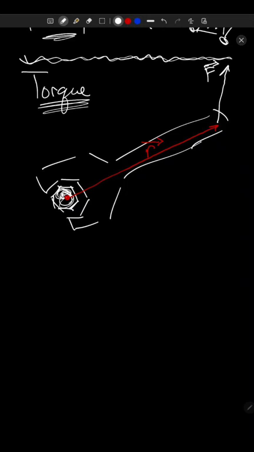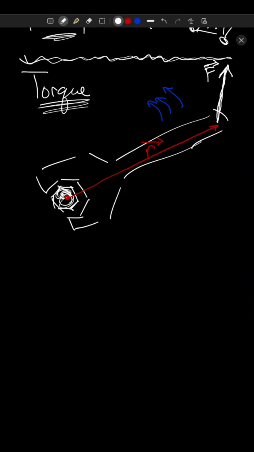Now, when I apply this force to the wrench, the wrench is going to be turning. Once I apply this force, it's going to rotate in this direction, right? Because the bolt is fixing this end of the wrench. Now, just like with the dot product, we're applying this force in a skewed direction, so that some of the force that I'm applying is in a way being wasted, right?